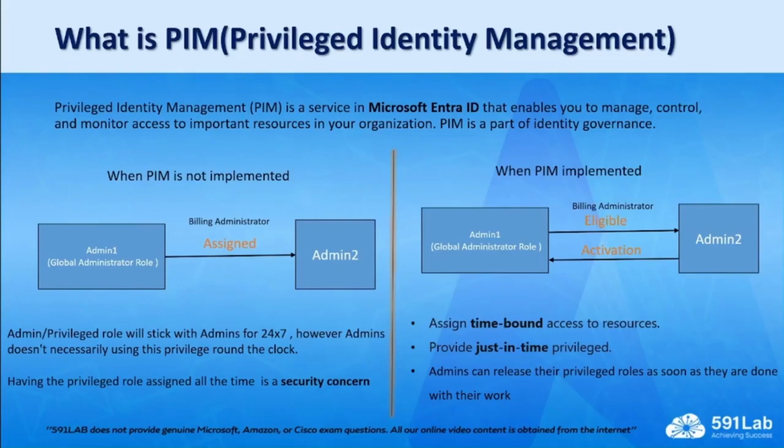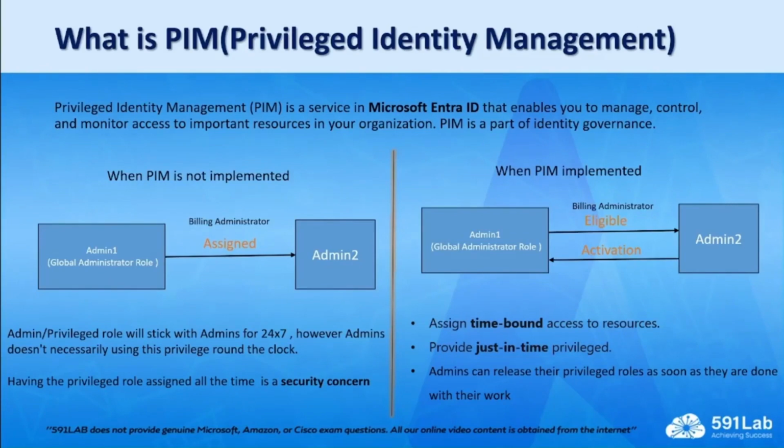This approach fixes the concern of sticking with a privileged role for 24/7. Also, admins can release their privileged role as soon as they are done with their work. Roles will also be removed from the admins after the defined hours have expired.